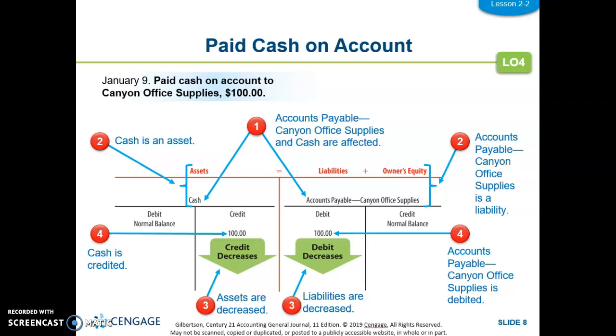Since we are paying cash, cash is going to decrease with a credit. And the amount that we owe our accounts payable Canyon Office Supplies is decreasing as well. So we are going to give them a debit to decrease them. So we have our credit and we have our debit. Our accounting equation is still going to be in balance.